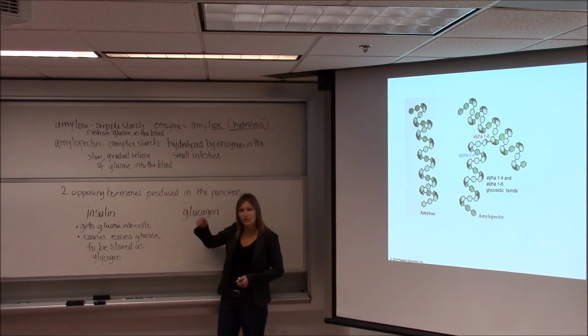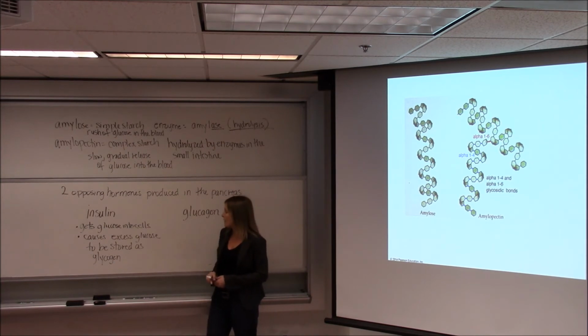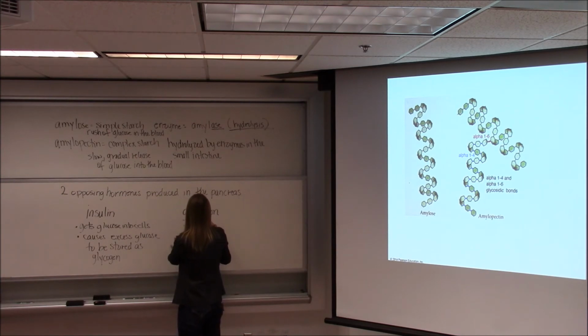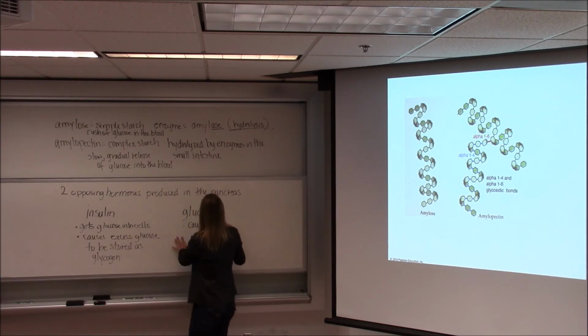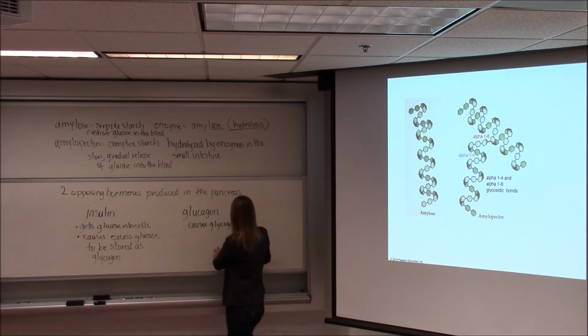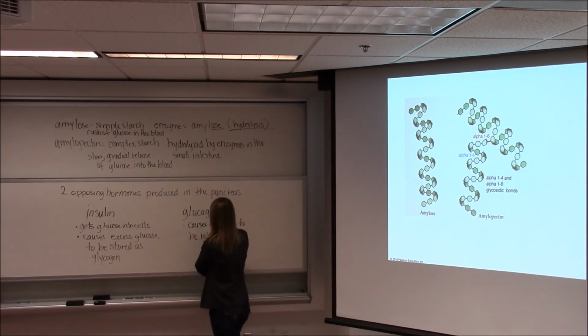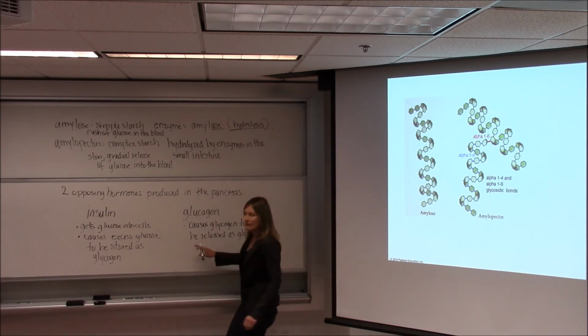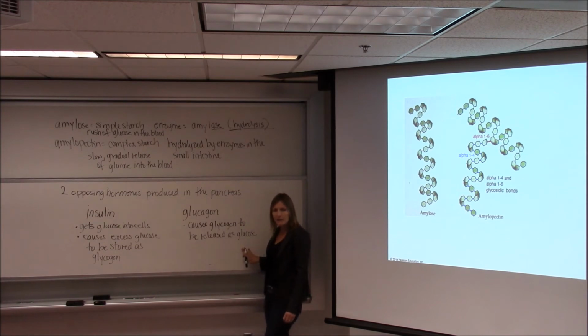Then, as your blood sugar starts going down, and over time, you need some of that glycogen released, that's the role of glucagon. Glucagon causes glycogen to be released as glucose. In other words, it's going to cause that glycogen to be broken back down into glucose and return to the bloodstream.